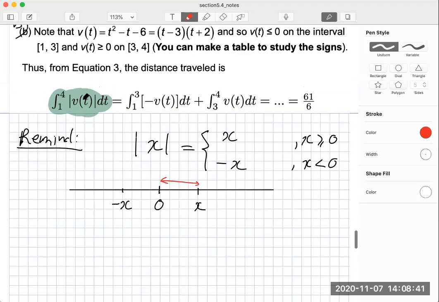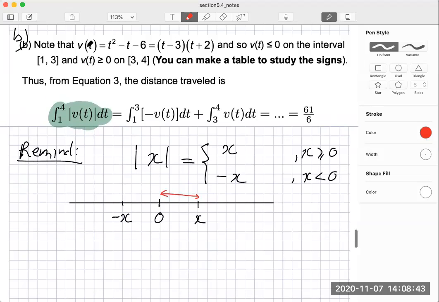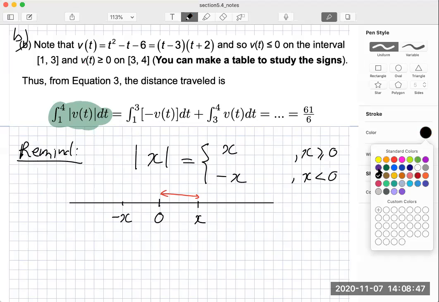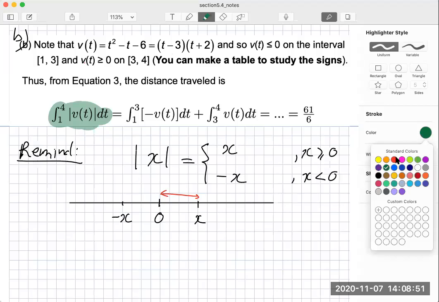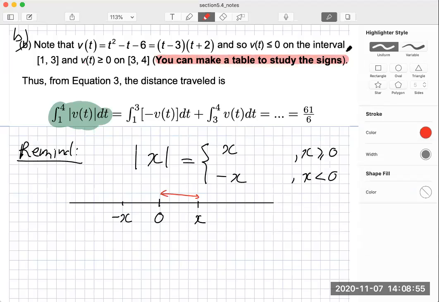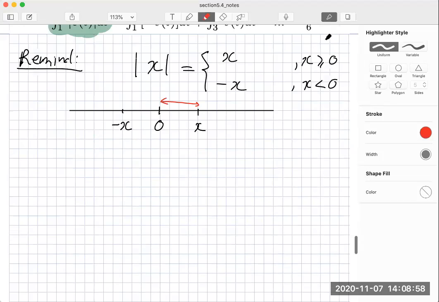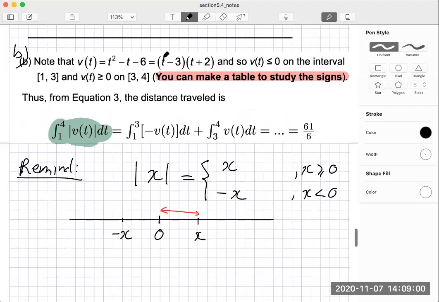So in order to study where the function v is positive or negative, what should we do? The easiest way is to make a table to study the sign of this, right? And there are two solutions of this one. There's -2 and 3, right?